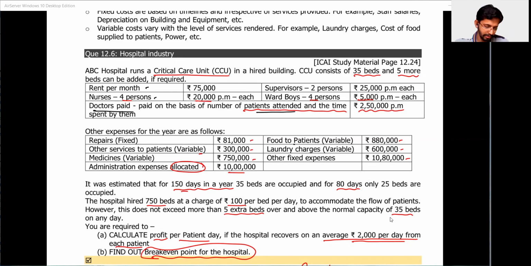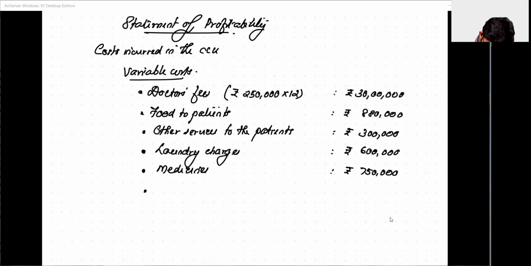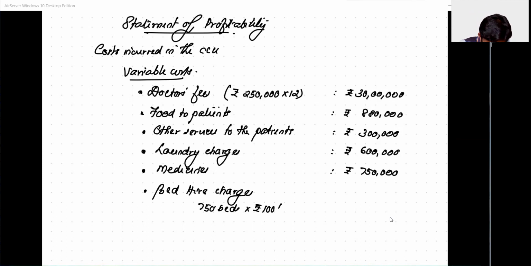Now you have the hiring of beds. Bed hire charges. You have hired 750 beds and each bed at rupees 100. So this is 75,000.